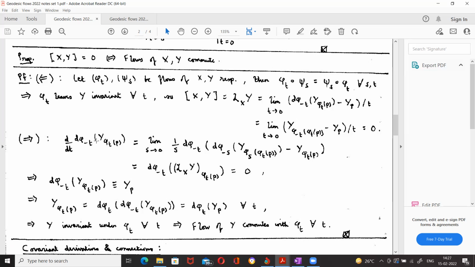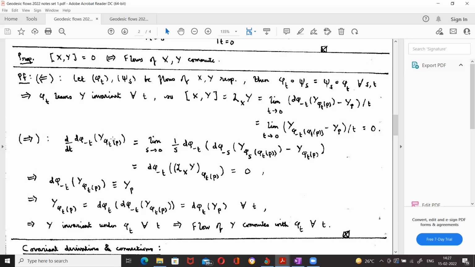So this is a curve in the vector space T_p M. Therefore, it's a curve in the same vector space, so we can differentiate it, take its time derivative d/dt. All right. So we take d/dt of this. And now what I'm going to do is write d/dt of this at time t as d/ds at s equal to 0 of this evaluated at t plus s.